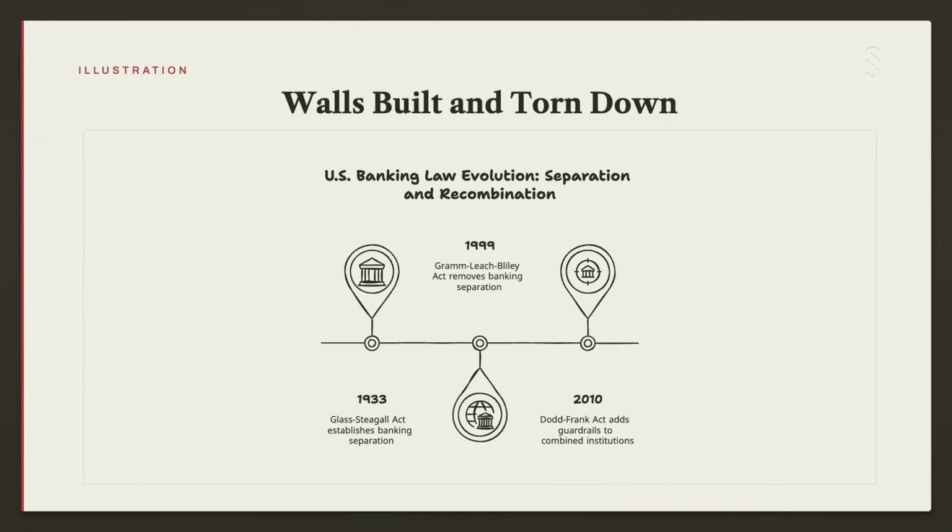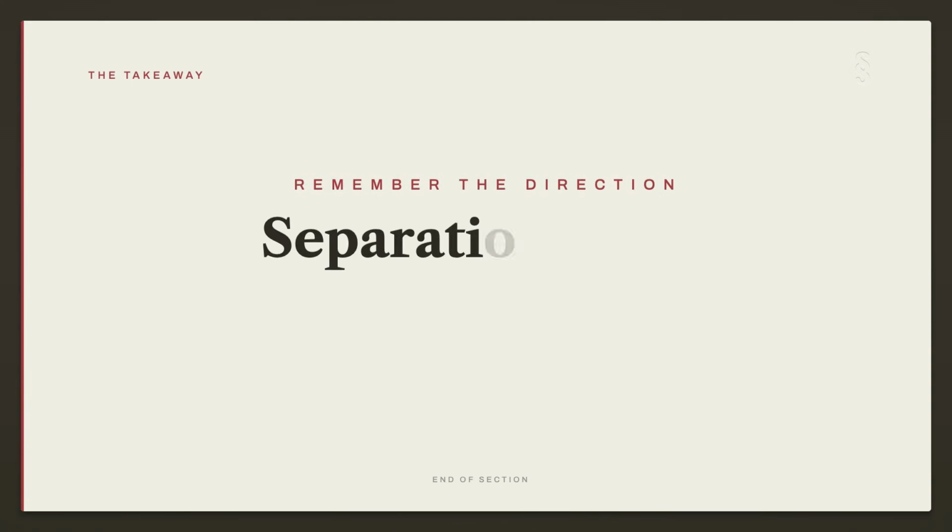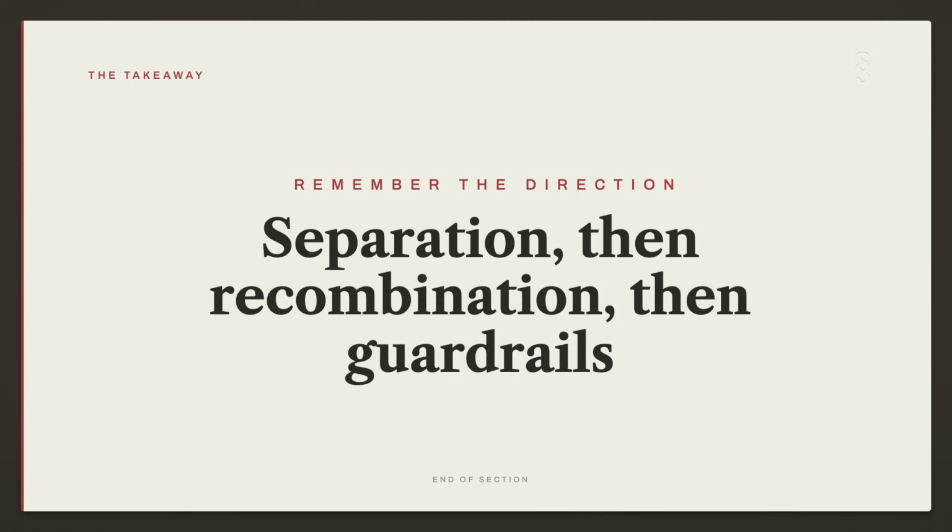Glass-Steagall built the wall in 1933. Gramm-Leach-Bliley tore it down in 1999, and Dodd-Frank in 2010 added guardrails without rebuilding it. Gramm-Leach-Bliley didn't cause the crisis, but it allowed institutions to grow large and complex enough that their distress became everyone's problem. When a stem describes sectors being allowed back together, it's pointing here.